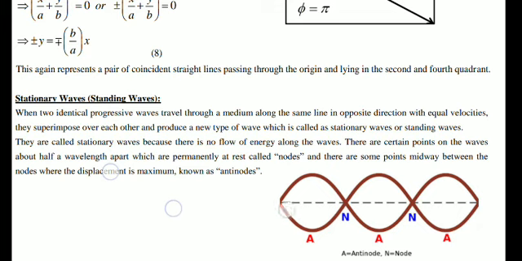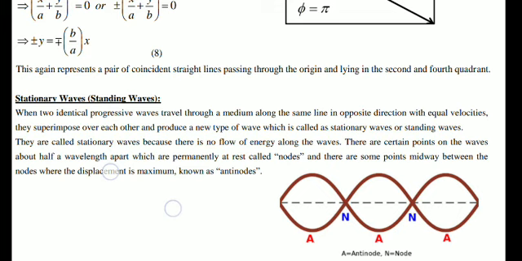Now when these two waves traveling in opposite directions interfere with each other, the resultant wave we get is called a standing wave or stationary wave, and it is represented like this. But this stationary wave is very different from the normal simple harmonic wave, which is nothing but the progressive wave.